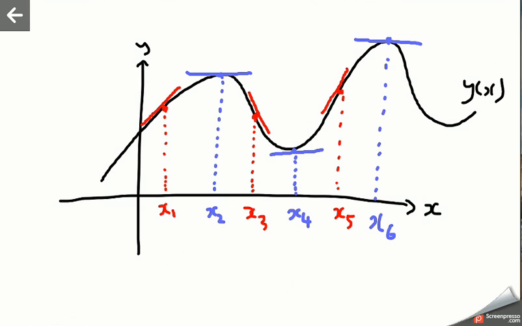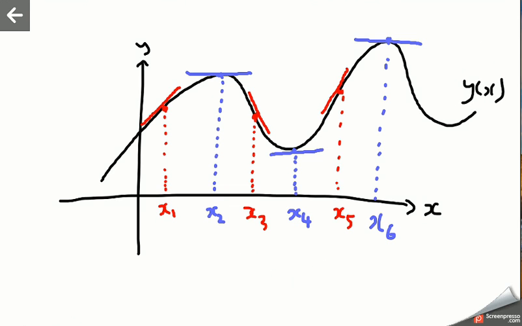y prime of x3 is approximately equal to -1. The line is a little steeper the way I've drawn it, but we'll say it has a slope of approximately -1. Diagram not drawn to scale. And finally, y prime of x4 is equal to 0, because x4 is the point at the bottom of that little hill on the function.